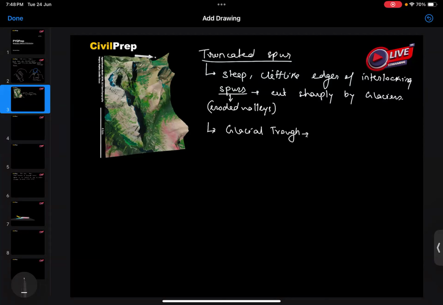This results in the formation of glacial troughs and represents a significant landscape which is modified by glacial geomorphological processes. So this is one aspect.